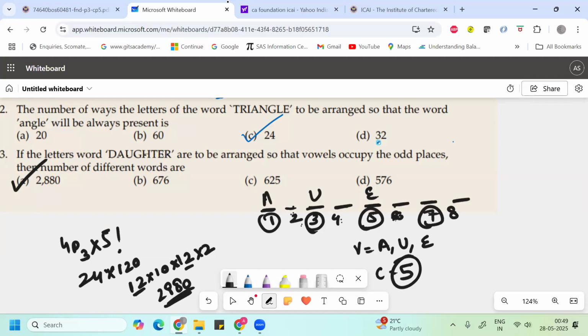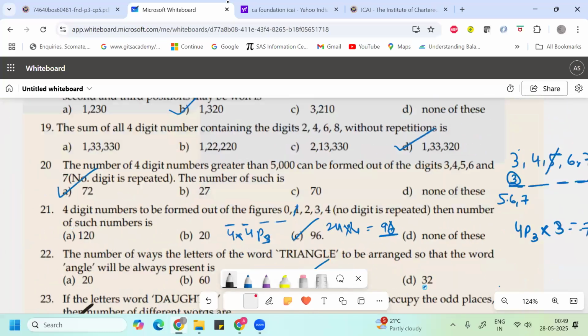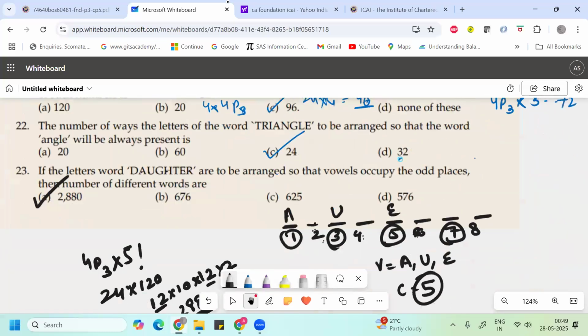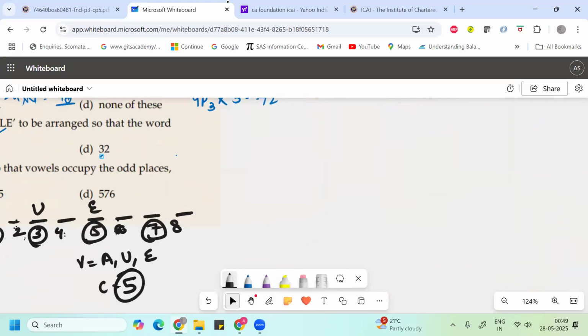And then you have five places left, and because of five places and five letters, we can put them in 5 factorial ways. So your answer for that would be 4P3 into 5 factorial, which is 2880. Clear? So I hope you have understood this.